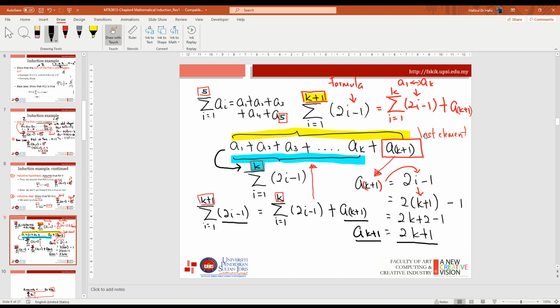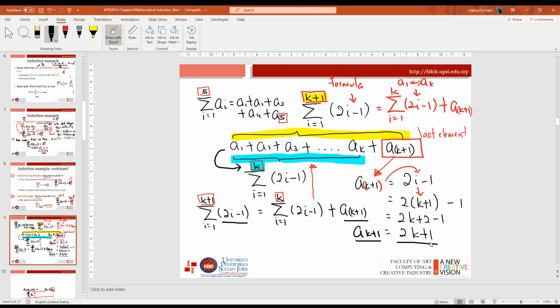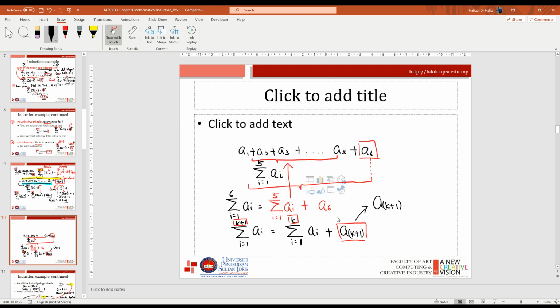We replace the values, k plus 1, with n power of 2. So the next one is: the sum for i to k plus 1 of ai is equivalent to the sum for i to k of ai plus a(k+1).